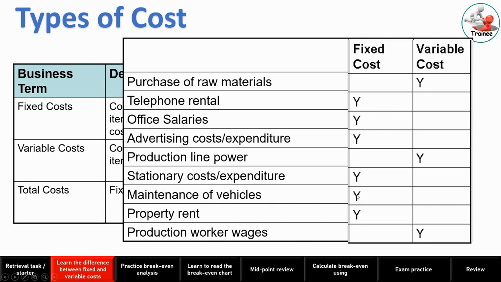Stationery, rent, vehicles, those things don't go into making desks, but you do have to pay the production workers, and the more desks you make, the more you're going to have to pay those people to make them. So variable costs vary with the level of output. Fixed costs do not vary with the level of output.